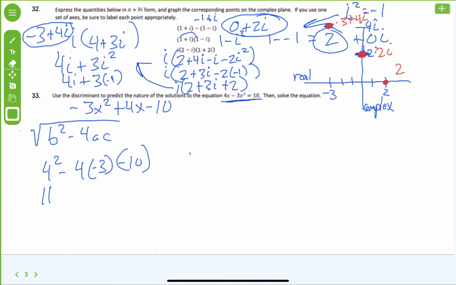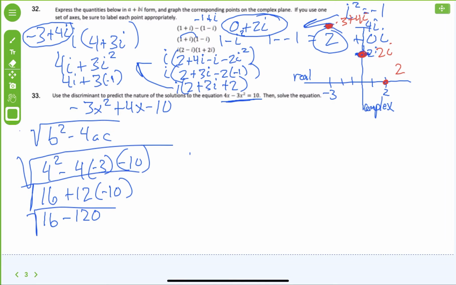That's going to be 16 plus 12 times a negative 10, 16 minus 120. So that's going to be a negative inside this radical. That's a negative, which means we're going to have complex solutions. If we have a negative inside of the discriminant, we're going to have complex solutions. That's our prediction.